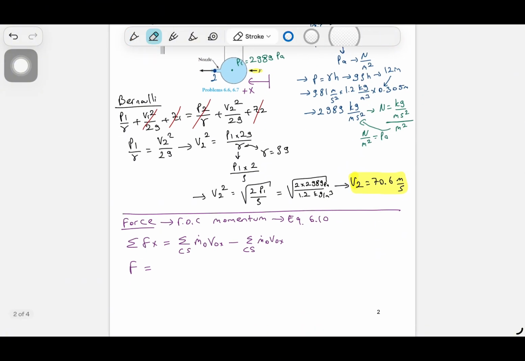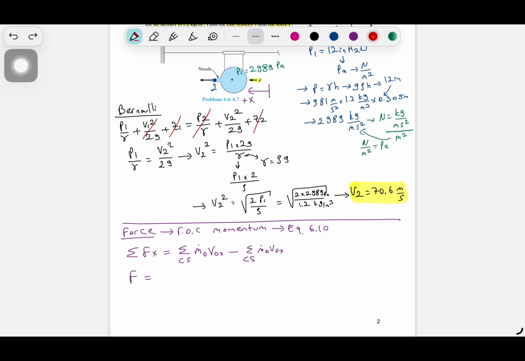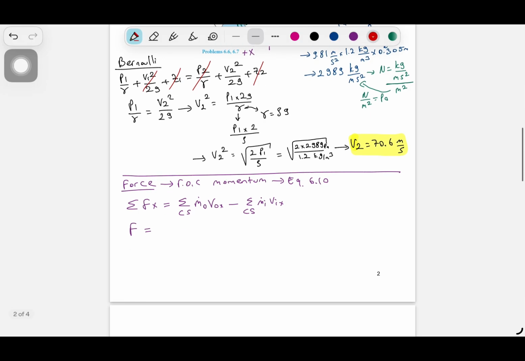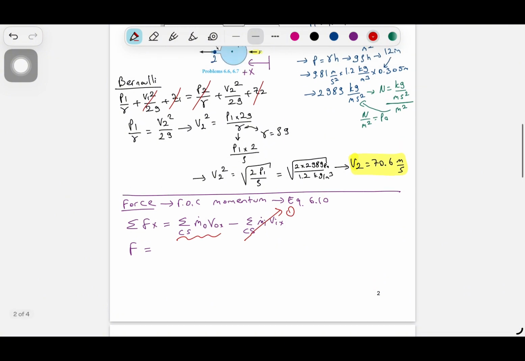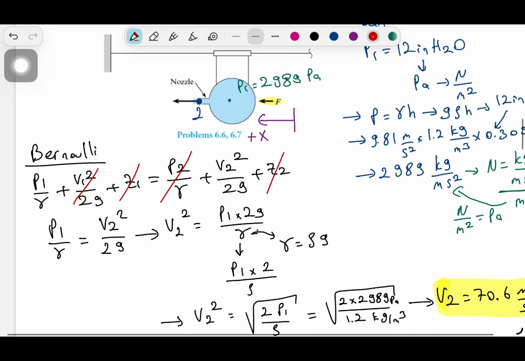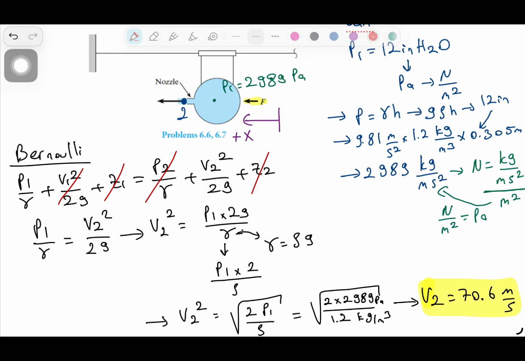I'm sorry, first of all, this should be in. First of all, we don't have inflow, so this is 0, and what we have is only outflow. Since we said this is the positive x direction and we have outflow in the positive x direction, this is going to be plus.